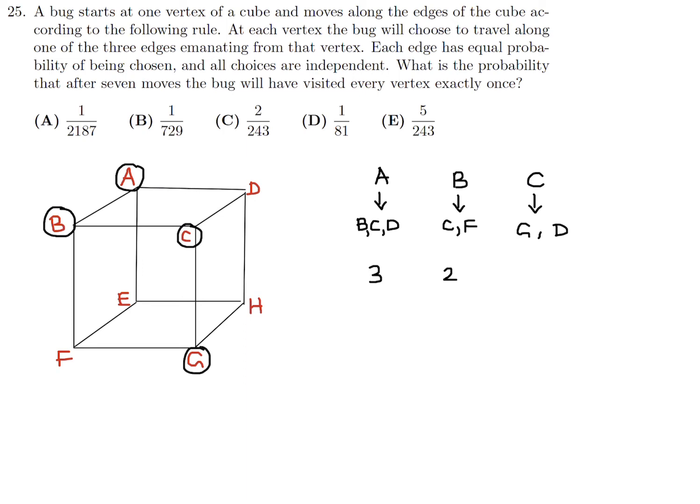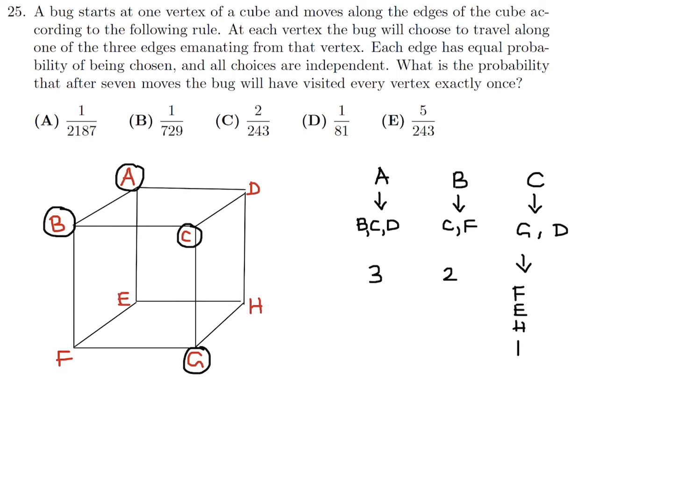Now, when I get to G, there's only one possible path at that point. It's F, E, H, D. If I do that, I will reach all the vertices in 7 moves.